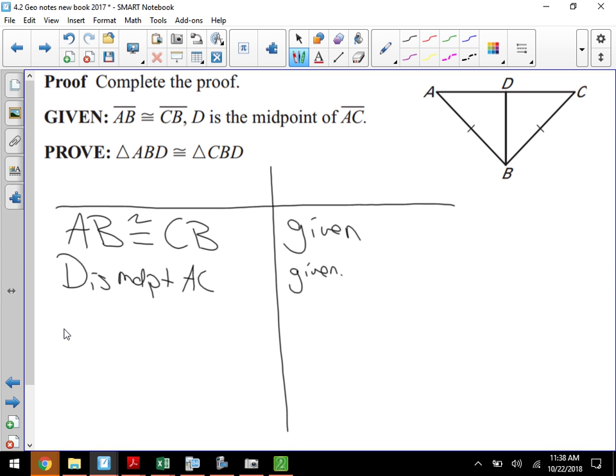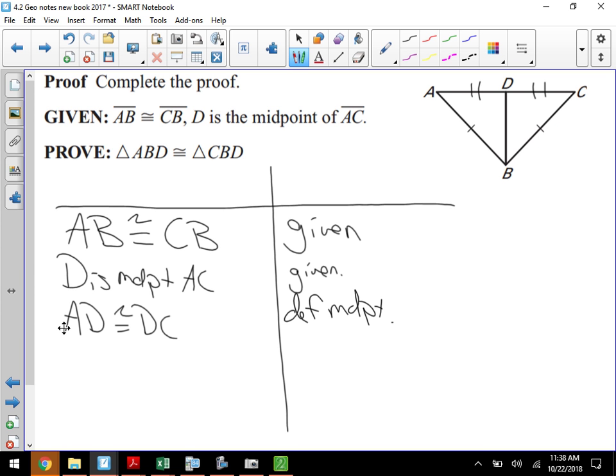So anytime I have midpoint or angle bisectors, I'm going to use segment congruent to segment or angle congruent to angle. I'm not going to worry about saying that they're equal. Okay. So here, what are the two segments that are congruent to each other if D is the midpoint on AC? All right, so I know that's what it's going to be. I immediately mark my diagram, and then I write it down. AD congruent DC. Reason? Definition of a midpoint.